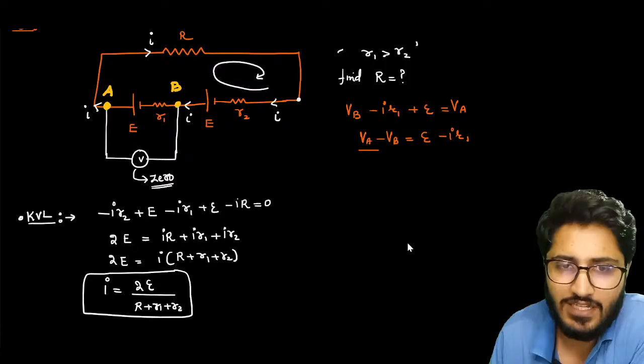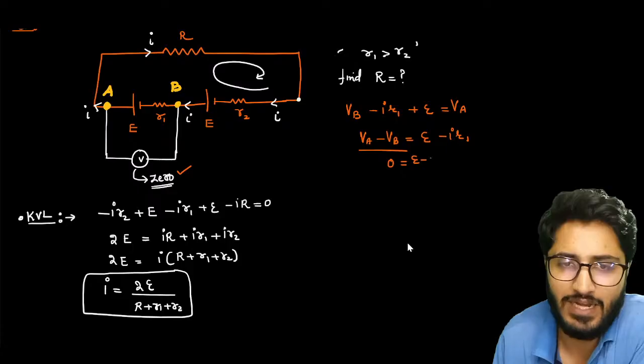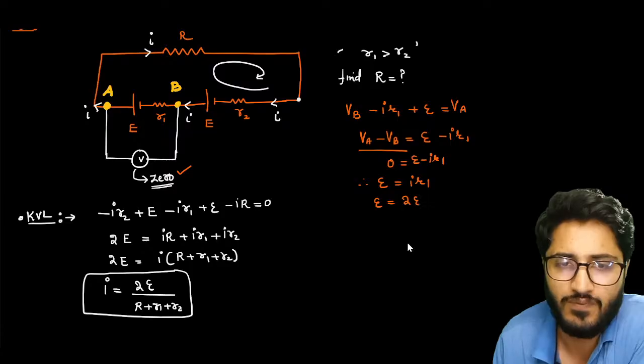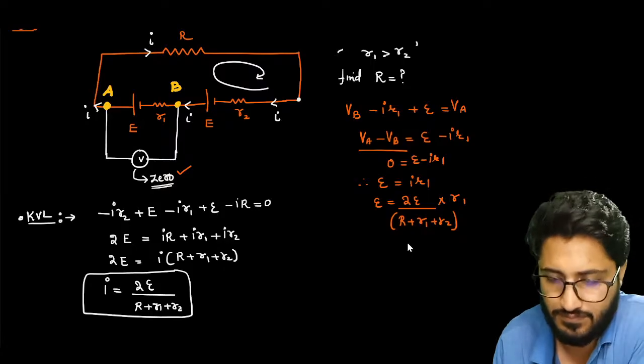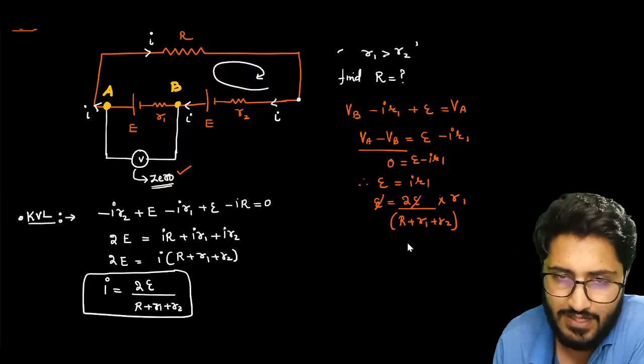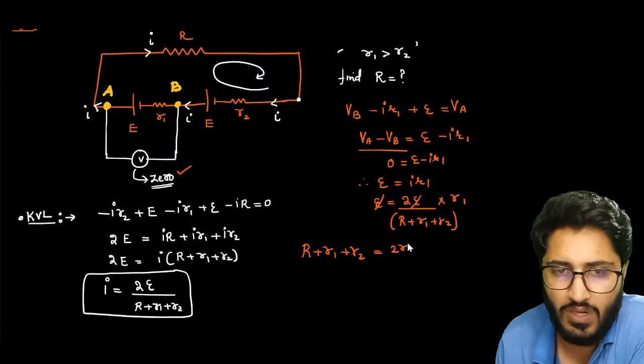And it is given that this term is 0. So I will write 0 equals E minus IR1. So therefore, E came out to be IR1. I is how much? It is 2E divided by R plus R1 plus R2, whole multiplied with R1. Now this E and this E get cancelled out. So we have R plus R1 plus R2 equals 2R1.